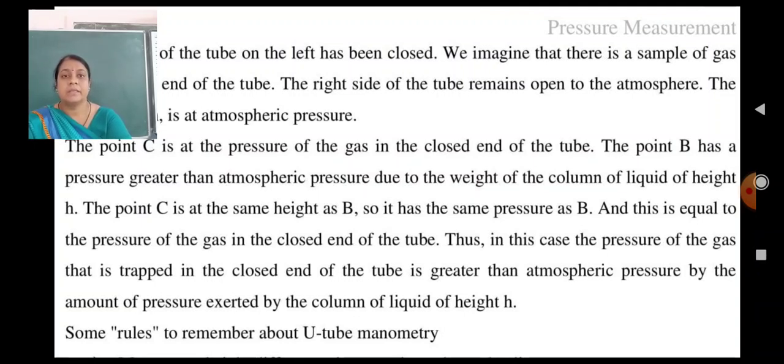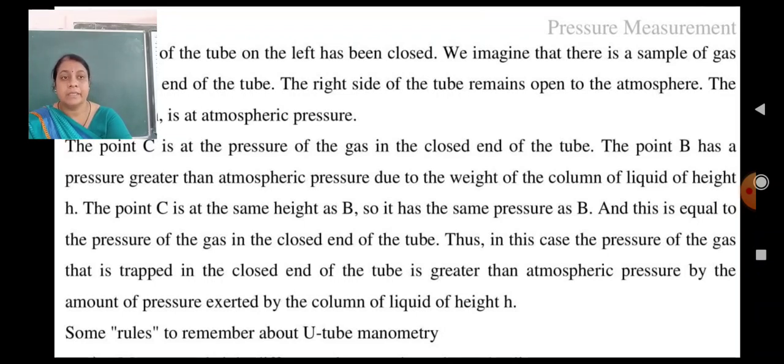And this is equal to the pressure of the gas in the closed end of the tube.